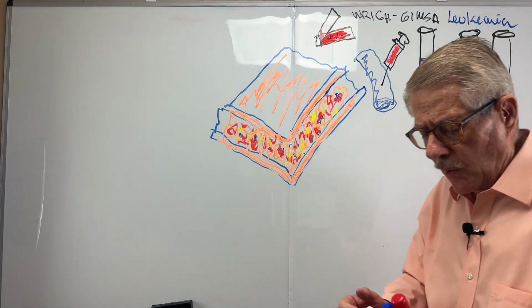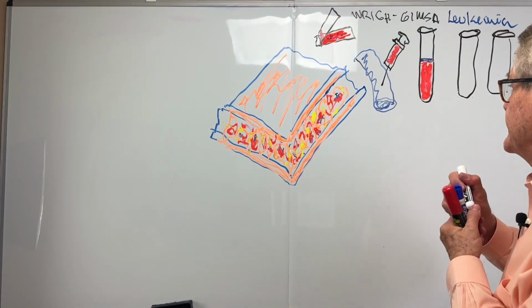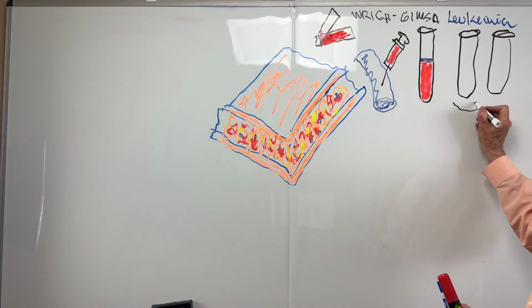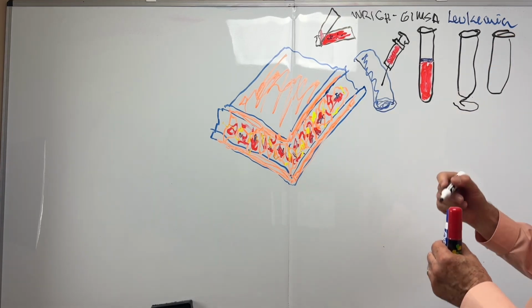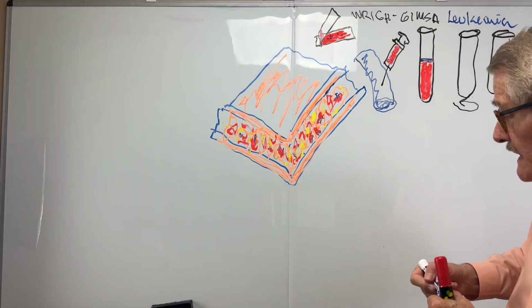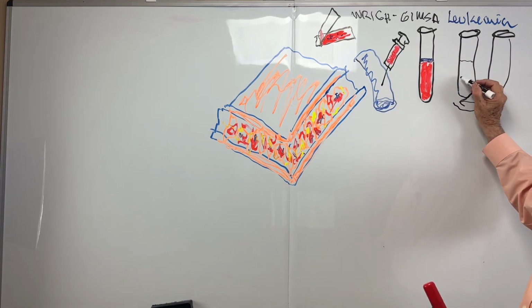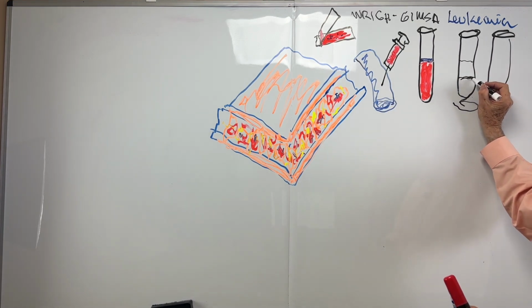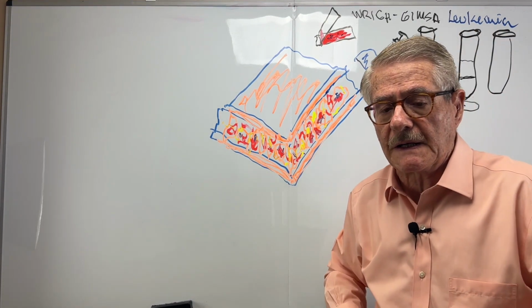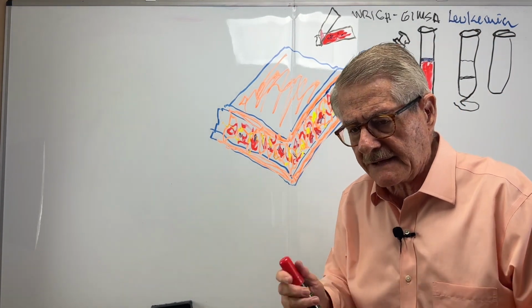Okay, now what happens if we centrifuge this tube with blood? Obviously, the level will be the same, and you're going to get about this percentage of red blood cells and white blood cells.